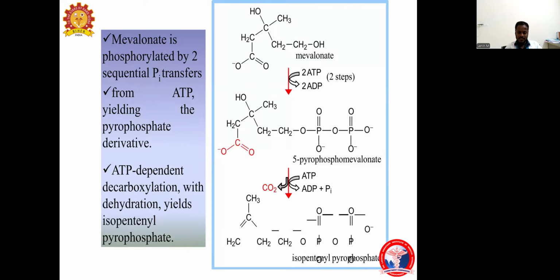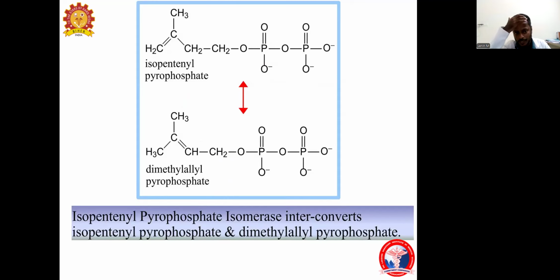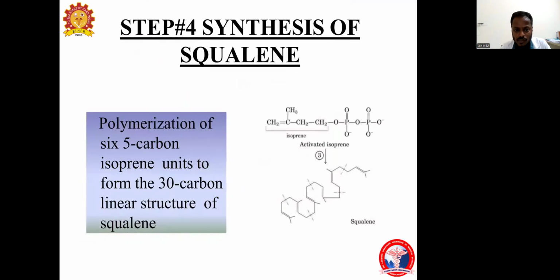Isopentenyl pyrophosphate is converted to dimethylallyl pyrophosphate. This is a reversible reaction, and the two are interconverted.